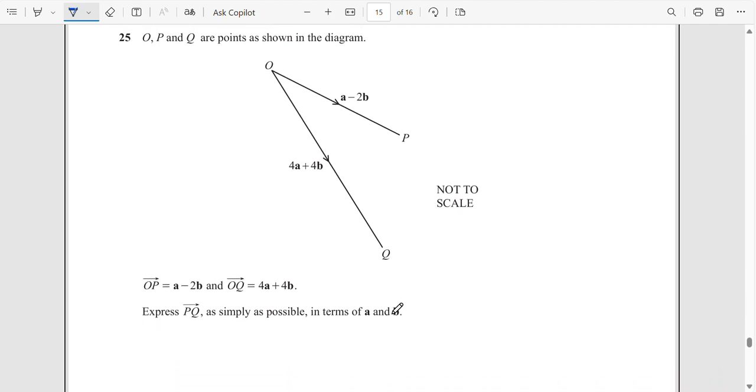O, P and Q are points as shown in the diagram. OP is equal to a minus 2b and OQ is equal to 4a plus 4b. Express PQ as simply as possible. So in terms of position vectors, PQ is going to be OQ minus OP. And OQ is 4a plus 4b, and OP is a minus 2b.